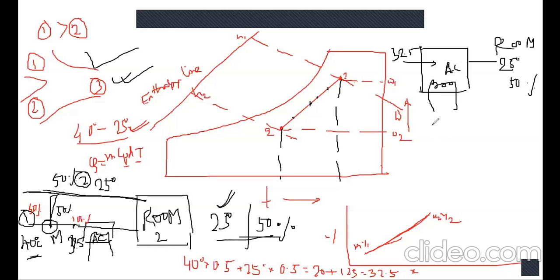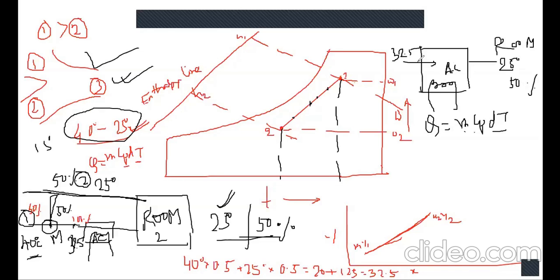So the capacity of the AC here is m Cp dT; mass is constant, Cp is constant for a particular air, so Q is a function of dT, the temperature difference. The first case: the difference is 40 degrees to 25 degrees, a difference of 15 degrees.